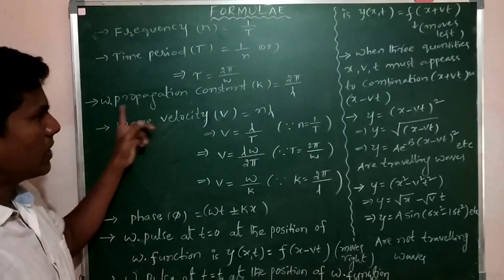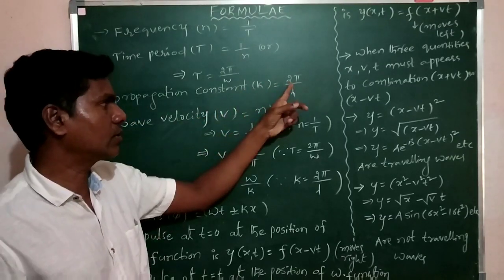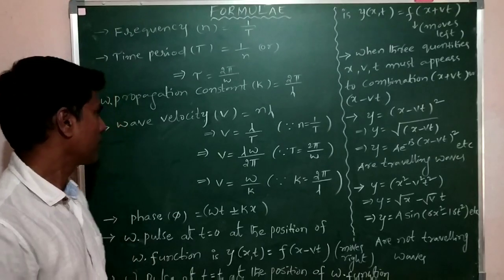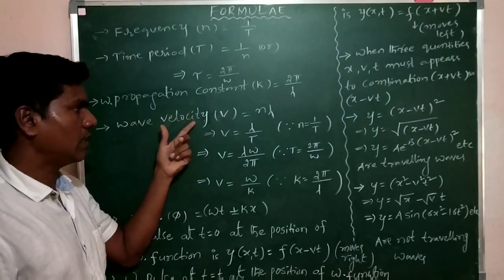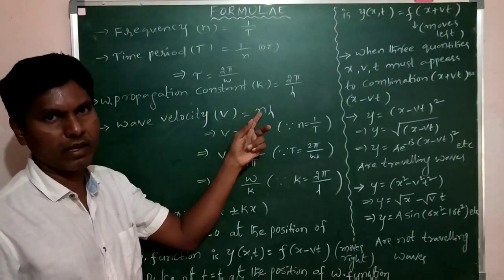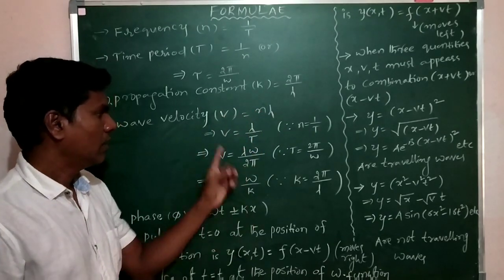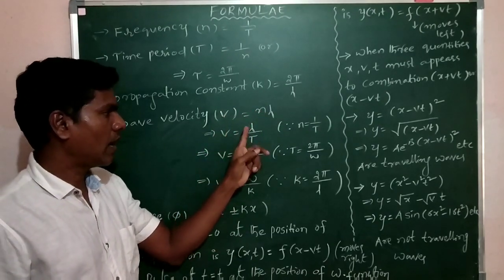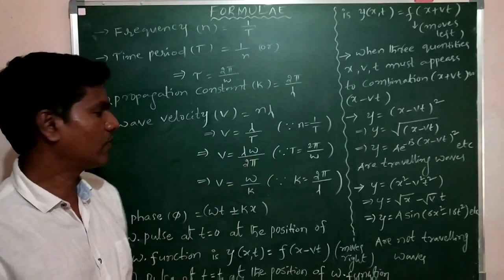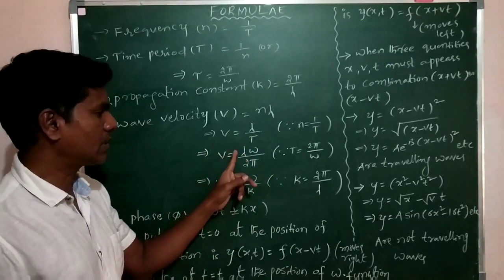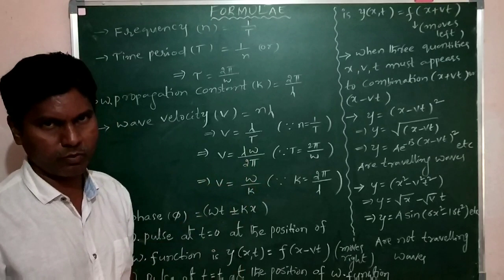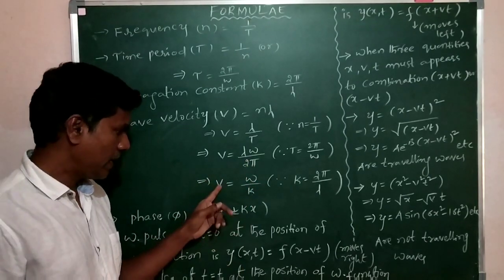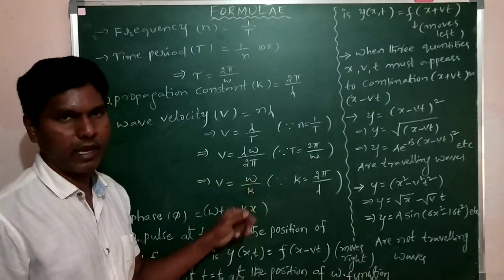So the wave propagation constant k is equal to 2 pi by lambda. Wave velocity v is equal to n lambda is one of the formulas, and v is equal to lambda by t is also one of the formulas. V is equal to lambda omega by 2 pi, and again v is equal to omega by k.